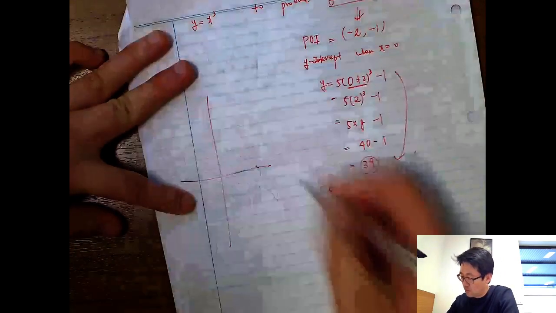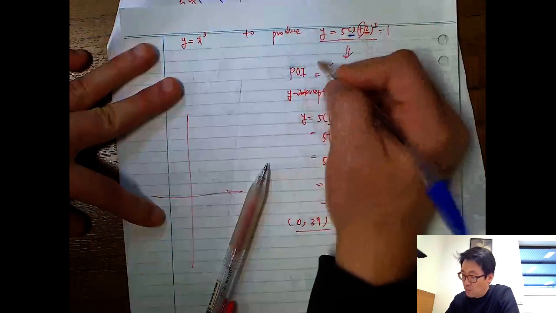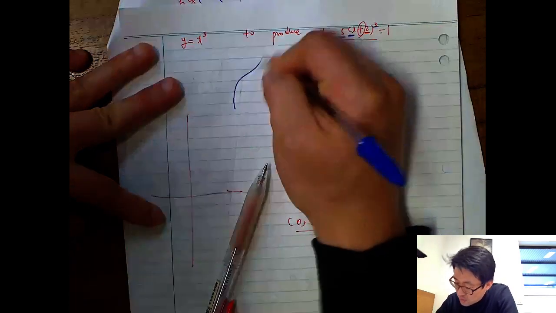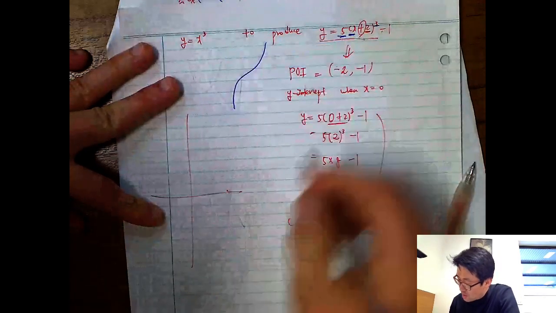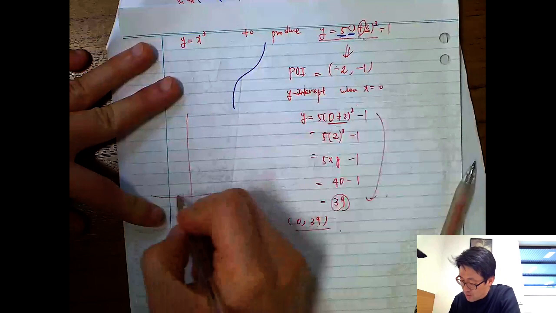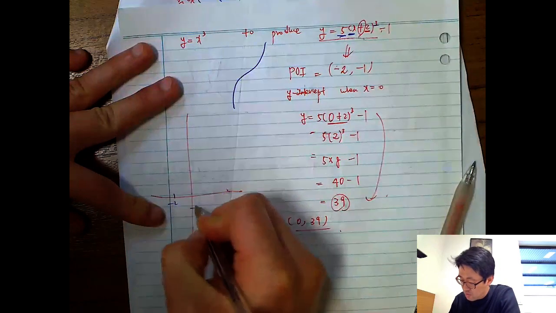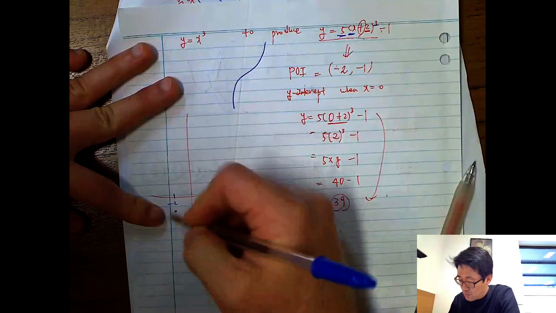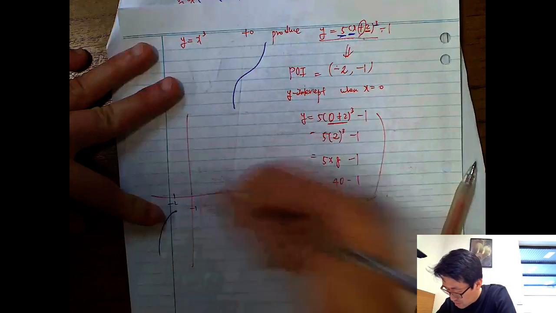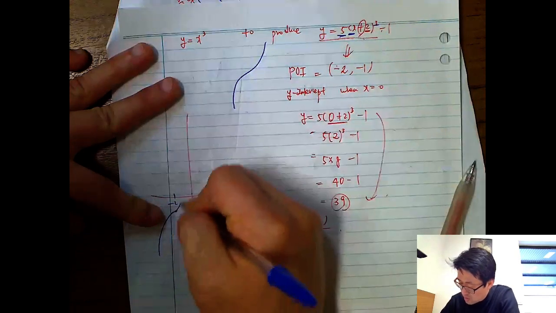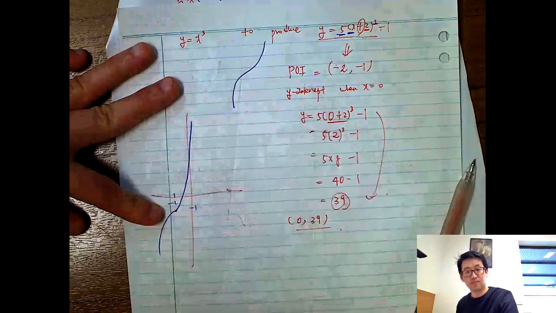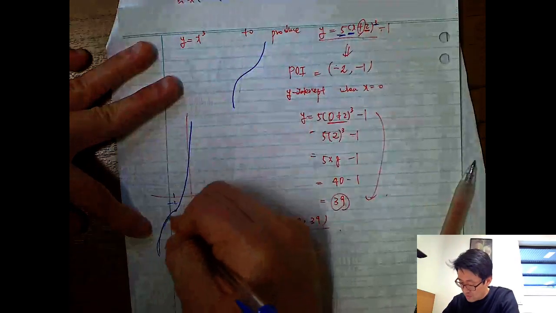So when I draw that, from this, x cubed, positive number, going up, and then it moves to x minus 2, minus 1. So that is the point of inflection. How do I know?